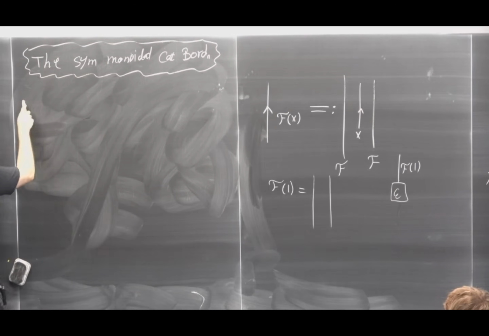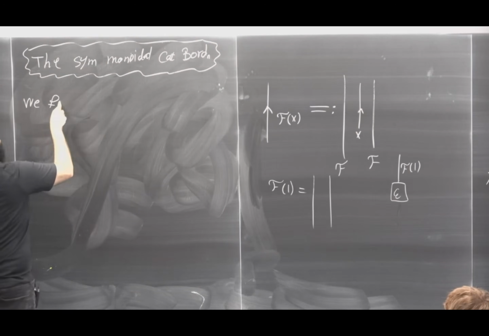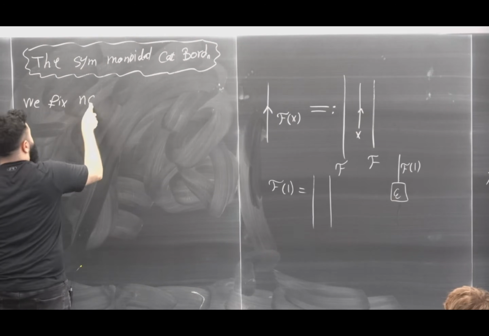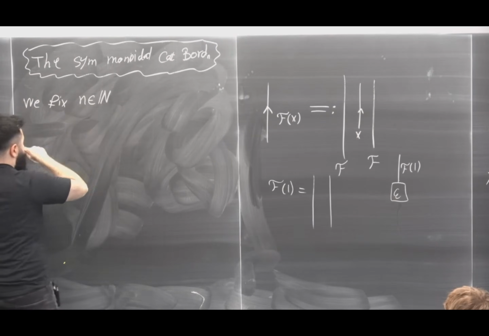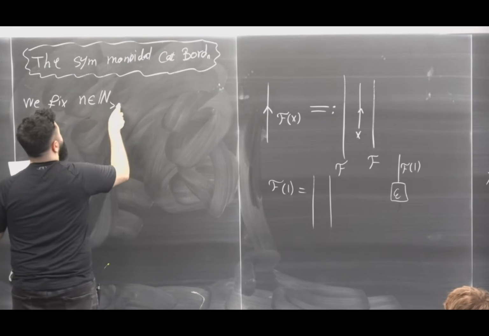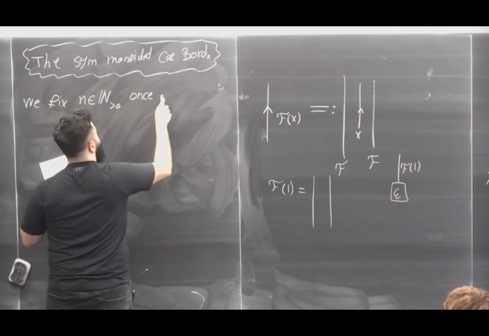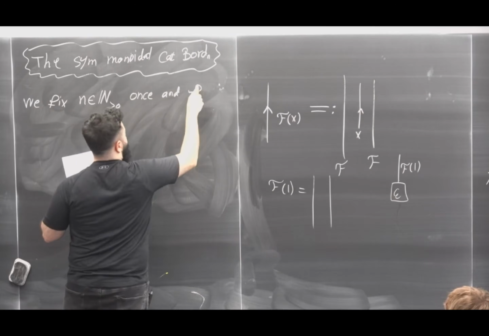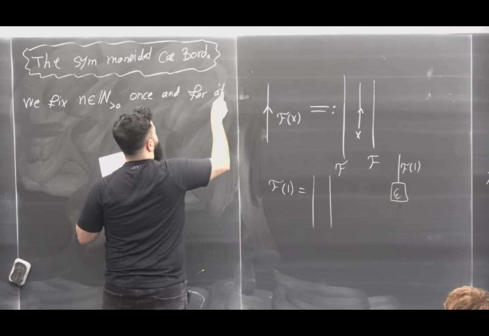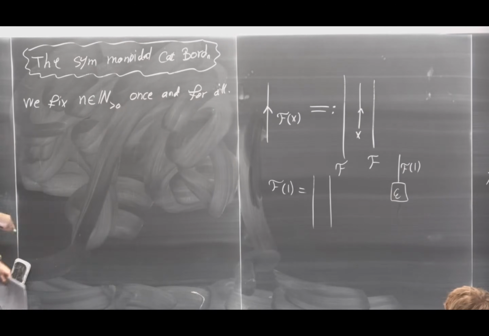Now we fix n as a positive integer once and for all. This will eventually be the dimension of our cobordism, and we don't want that to change. We want to fix it and do stuff with a fixed n.